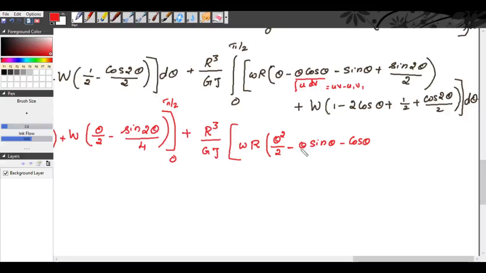So u is theta, and v is the integration of cos theta, which is sin theta. So we get minus theta into sin theta minus u1 v1, where u1, the differentiation of theta, is 1, into v1.